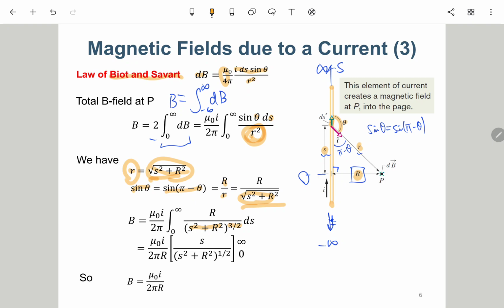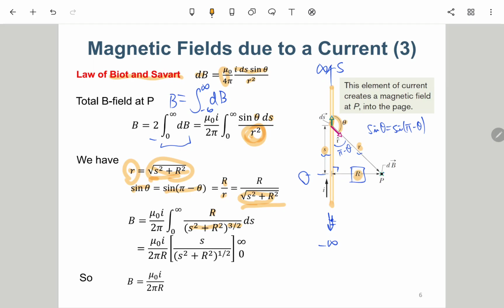And then the sine of theta including this r, and then ds. Okay, so all the stuff are ready.